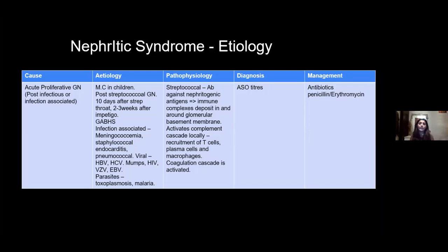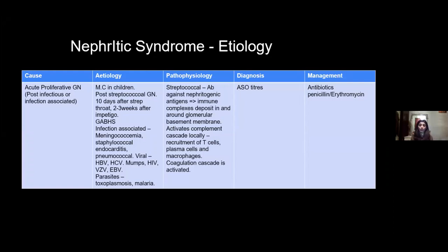So you can see that there are a lot of different infections that can lead to nephritic syndrome. So if we talk about just post-streptococcal glomerulonephritis, this occurs because of something called molecular mimicry. So the streptococcus bacteria has something called an M protein on it. And we have similar structured proteins in our kidneys and other places in the body.